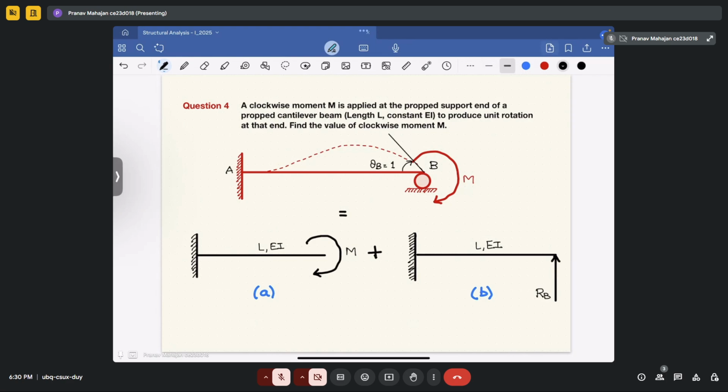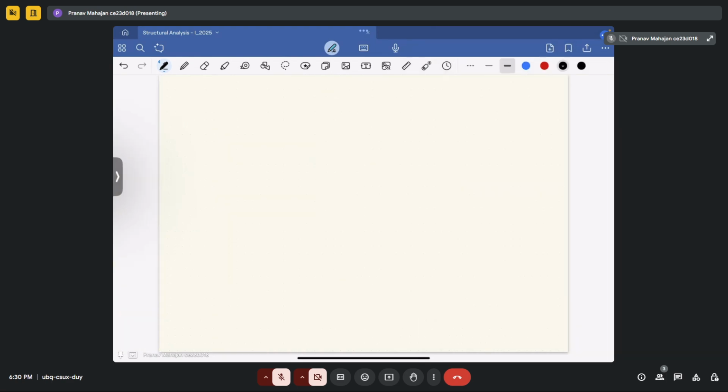Okay, so for case A, your theta BA, or your theta B1, how do you define it? It is equal to ML upon EI.